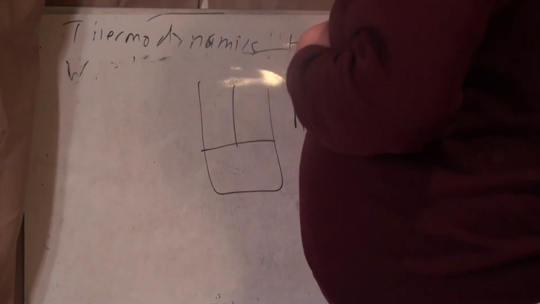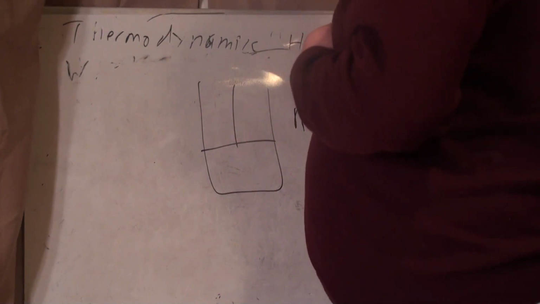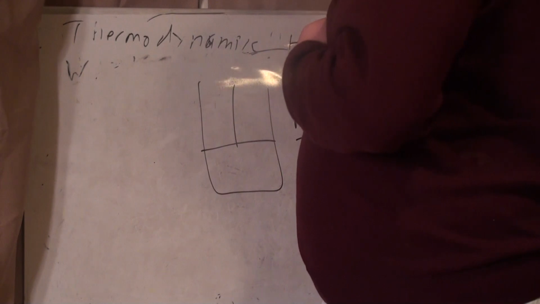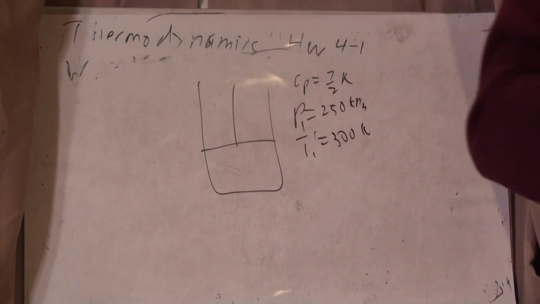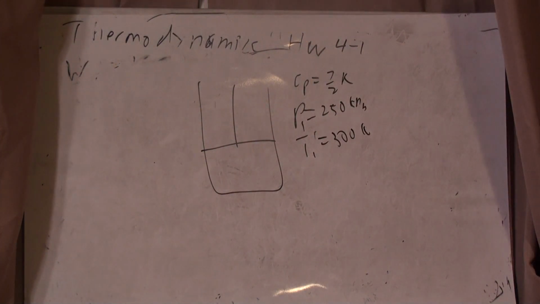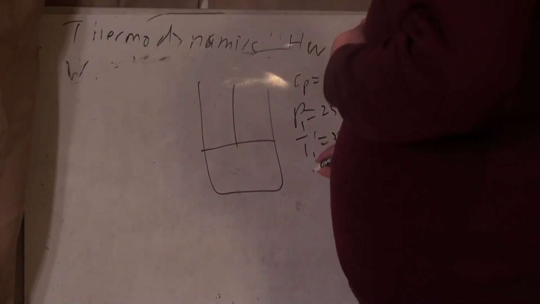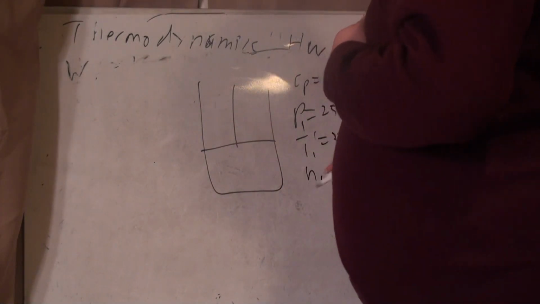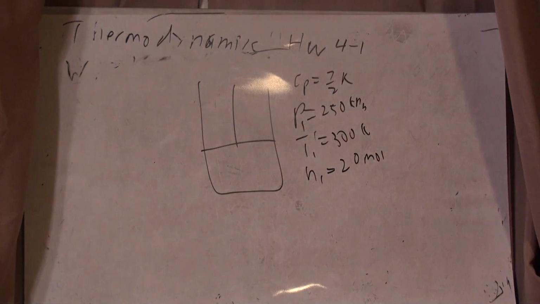P1 equals 250 kPa. T1 is equal to 300 K. Cp is equal to 7 halves R. How many moles was it? 20 moles. Okay.